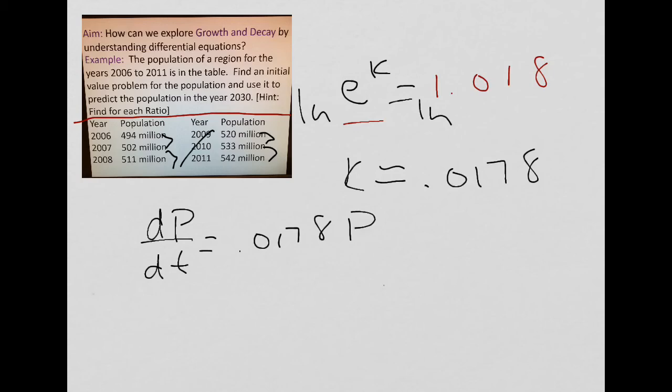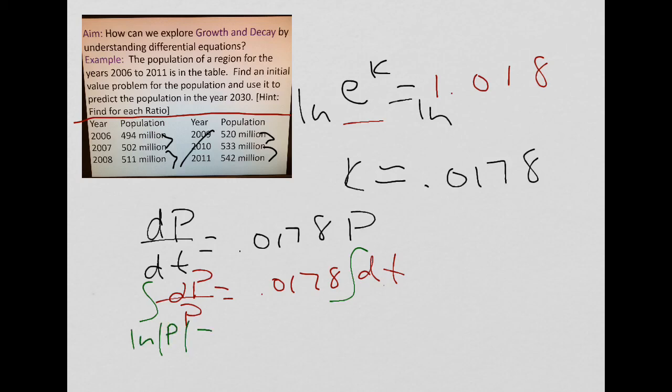Let me do that quickly. Let me know if you have any questions. Just bring it to my attention, and I'll be happy to help you out there. So here we go. Are you ready? I hope so. Multiply both sides by dt, and divide both sides by P. Integrate. ln absolute value of P is equal to 0.0178t on both sides.